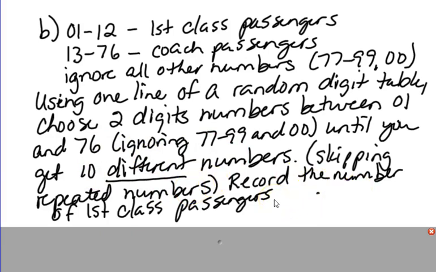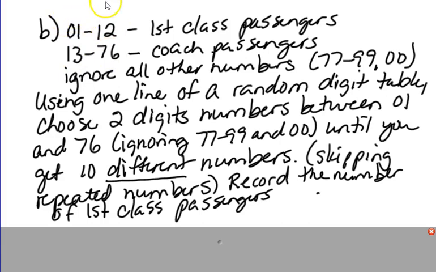Now, why is it that I'm skipping repeated numbers when before, in other examples, we didn't skip repeated numbers? Well, in this case, we're not saying a certain percentage of the passengers are in first class and a certain percentage are in coach. We're saying there are exactly 12 people in first class and exactly 64 people in coach.